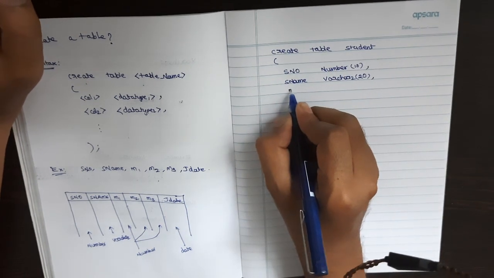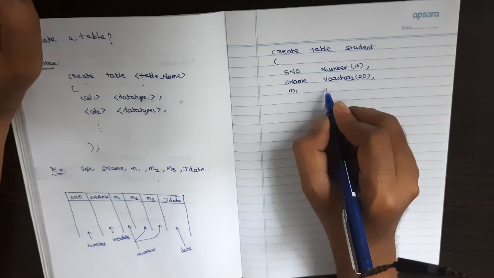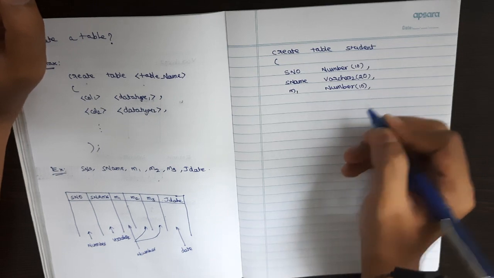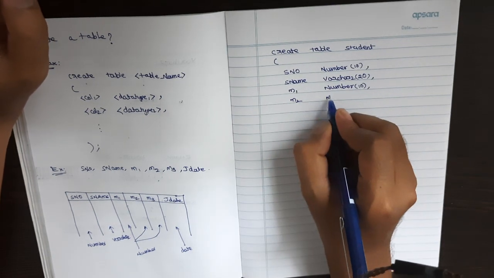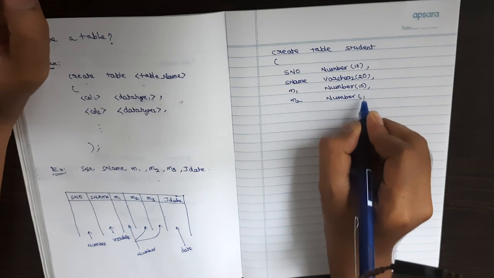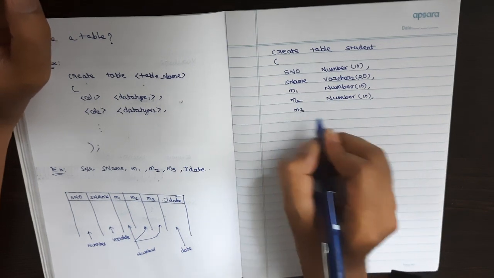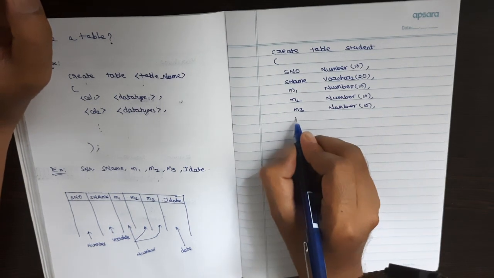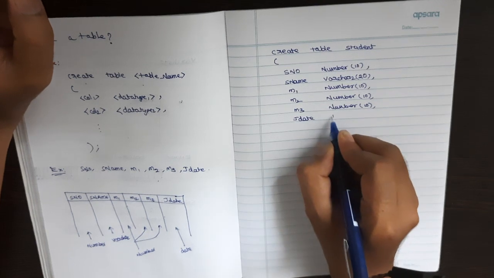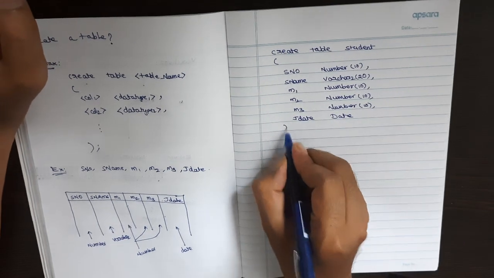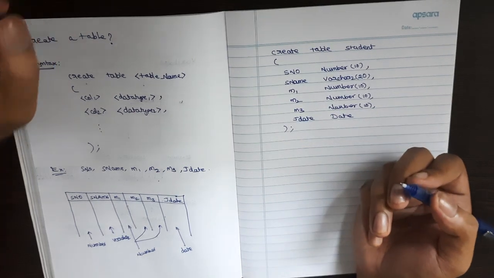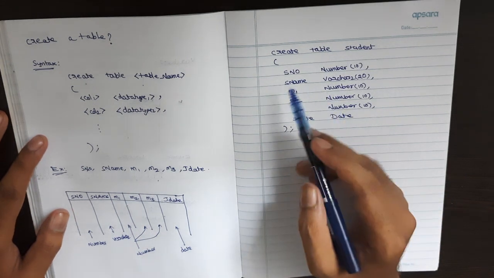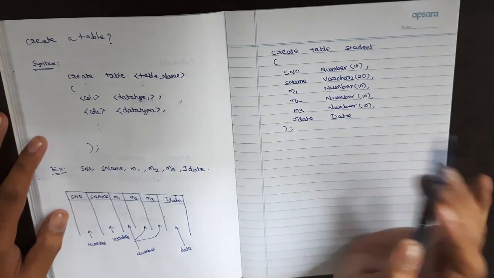Next, M1, number of 10. Next, M2, number of 10. M3, number of 10. Next, J date, date. Just close the parenthesis and add a semicolon, then it will automatically create the empty table with the attributes SNO, S name, M1, M2, M3, and J date.